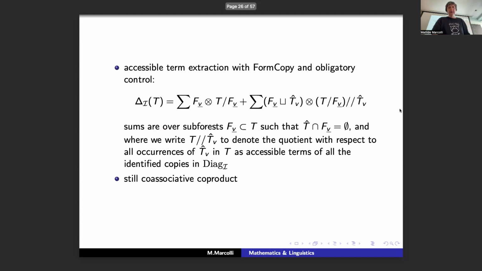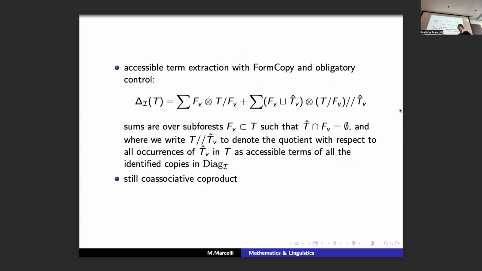Okay, so in particular, it means that if you are in one of these situations where you have some obligatory control structure, then your coproduct, when you want to do movement, is extracting subforests that either contain all of these copies at the same time or don't contain any of them, but you cannot extract some of them and leave some of the others.